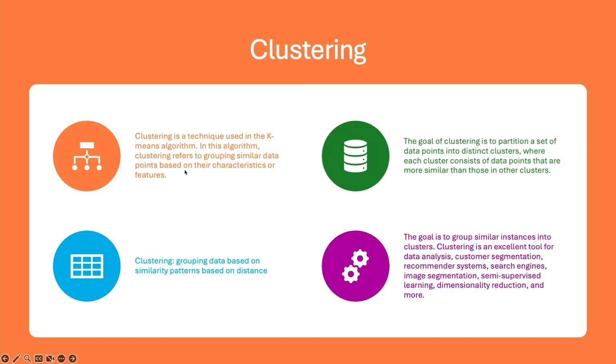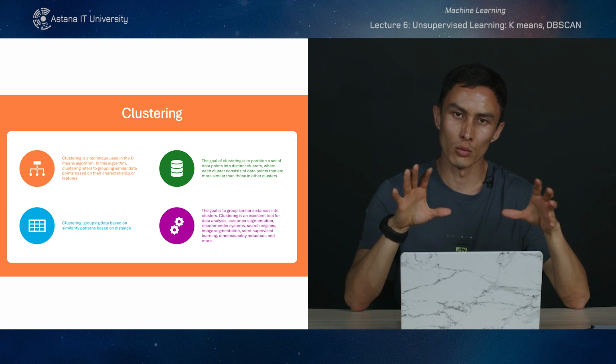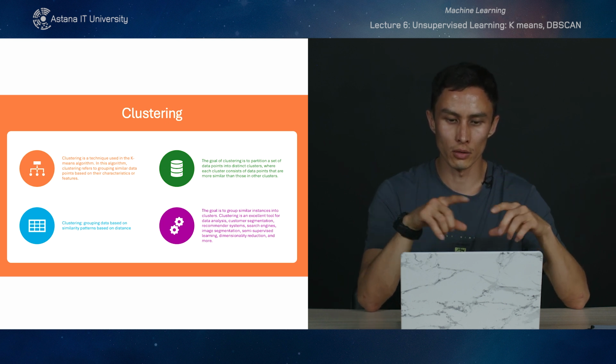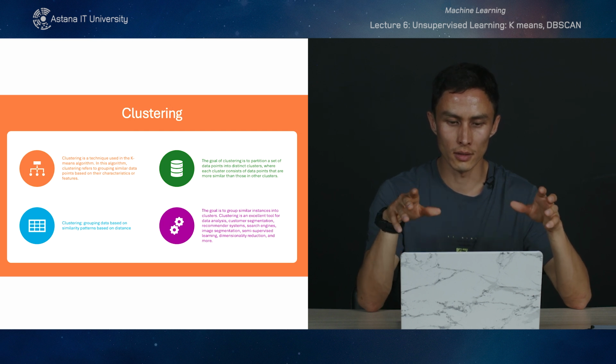Clustering, by definition, is dividing data points into groups of similar data points based on some characteristics or features. Usually this clustering or division into different groups can be implemented using some attributes or based on distance.